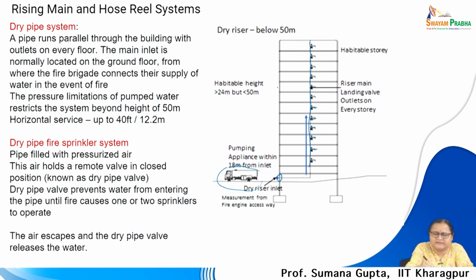Say at this floor there is a fire. What will happen? This pipe will be charged with water from the bottom under high pressure, and the fire rescue operation will open the valve at this particular floor and use the hose reel to attack the fire by drawing the hose reel till that point.